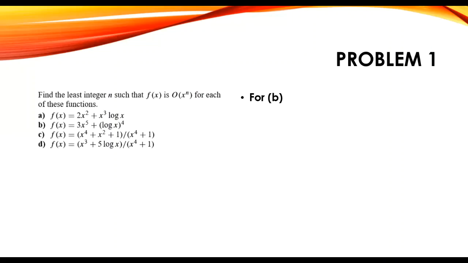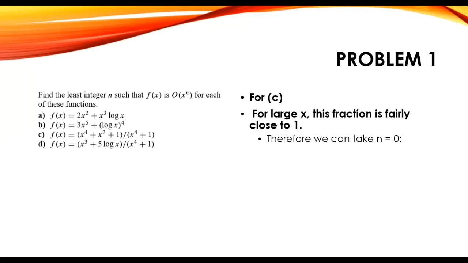So if we divide x to the fourth by x to the fourth, we have 1. What is the exponent n to get 1? It's 0.